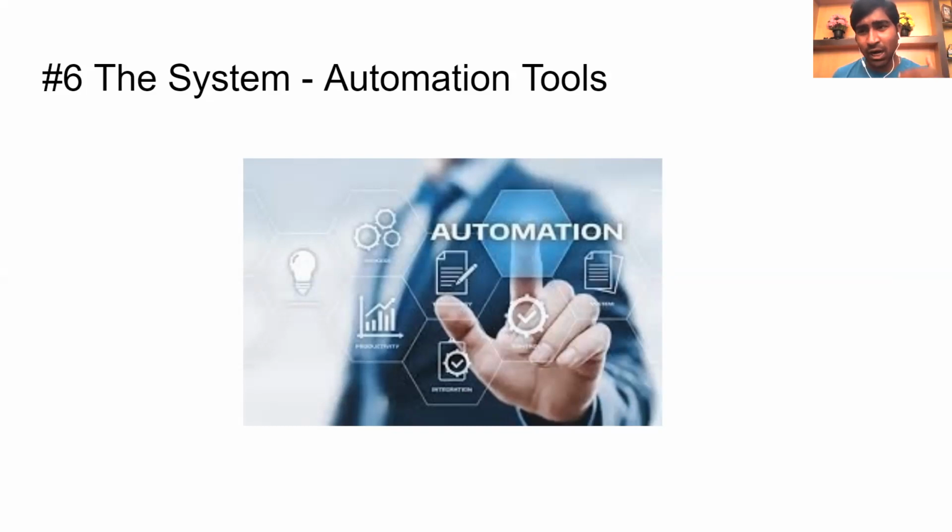So you need some automation tools like an email autoresponder tool, a CRM tool, and some other automation tools like Zapier. You have to have all these automation tools in place, so that you can follow up with these guys immediately and send a predefined set of emails or SMS to your prospect on automation.